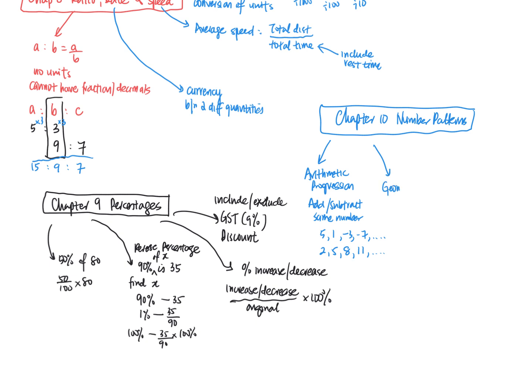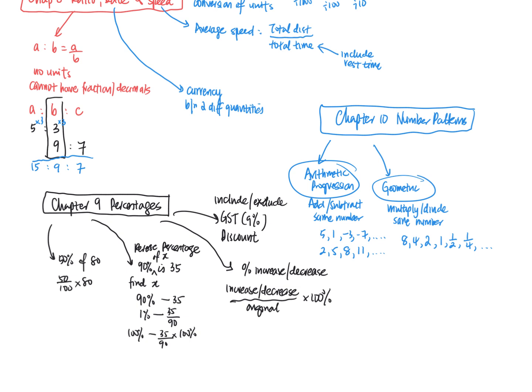Or we can have geometric. Geometric is always multiply or divide by the same number. Example, I have 8, then become 4, then become 2, then become 1, then become half, then become 1/4, and so on. So it seems to be that it's always dividing by 2.